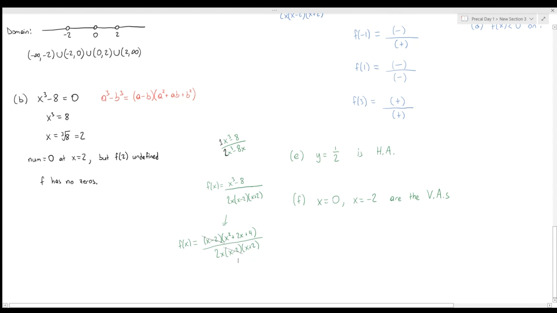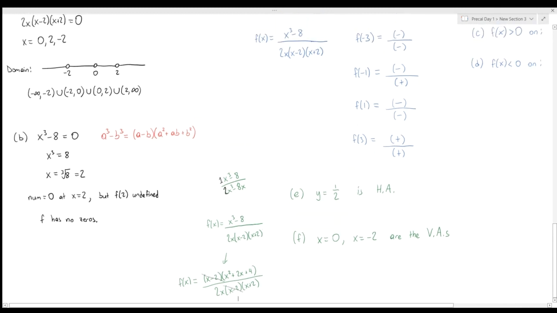When you get to that point in your calculus class, they'll want you to answer, where does your function have a horizontal asymptote? Where does your function have any vertical asymptotes? They'll want you to answer those questions using limits, which is something that you will be learning in your calculus class.